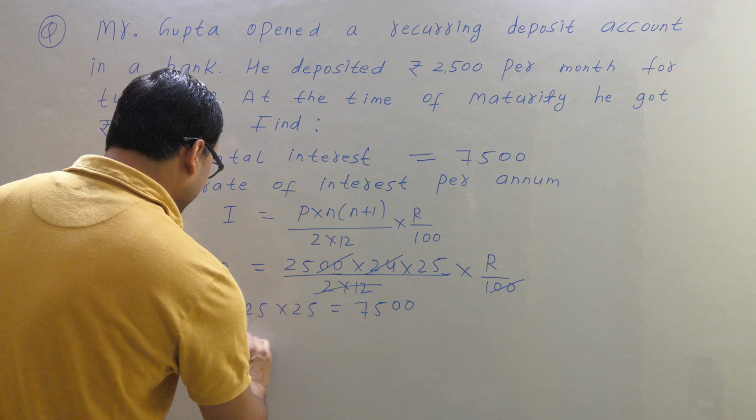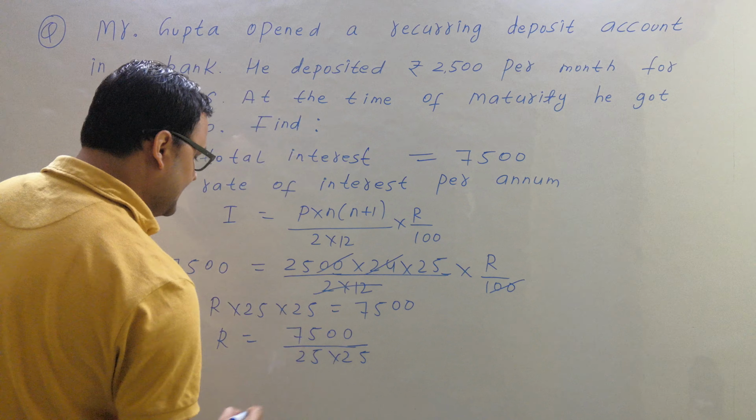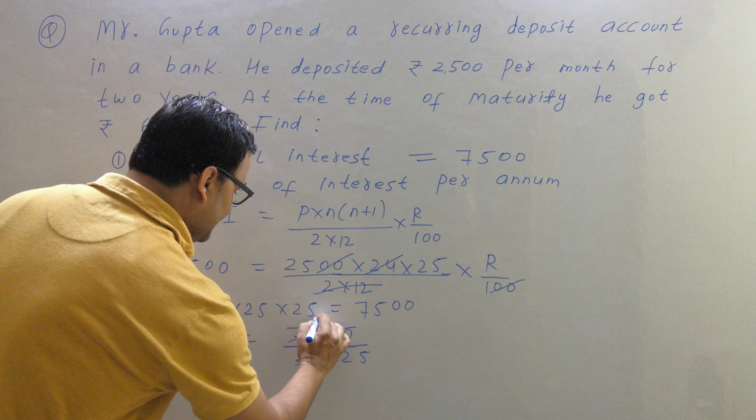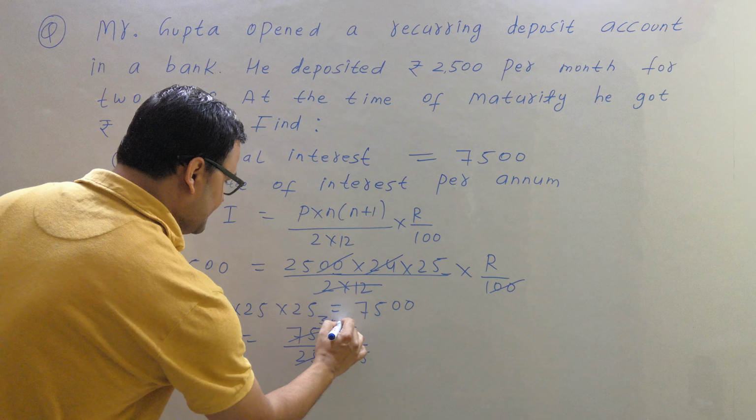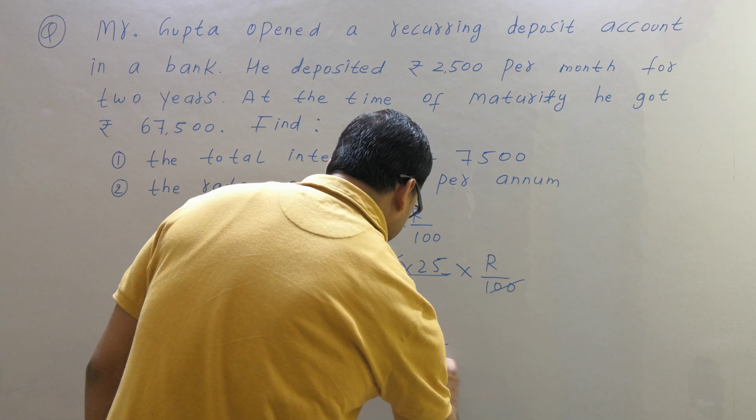So rate equals 7500 divided by 25 into 25. If I am going to do cancellation, 25 threes are 75, and 2 more zeros. So I will do one more step, otherwise it will be too confusing.